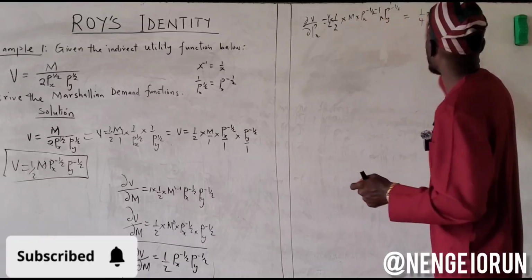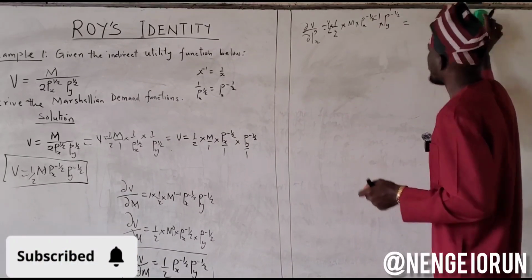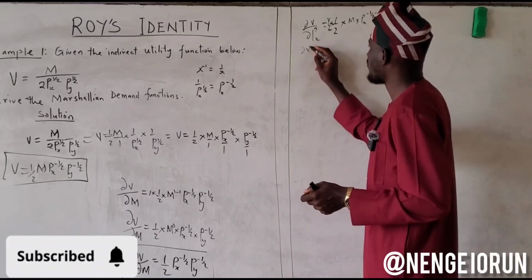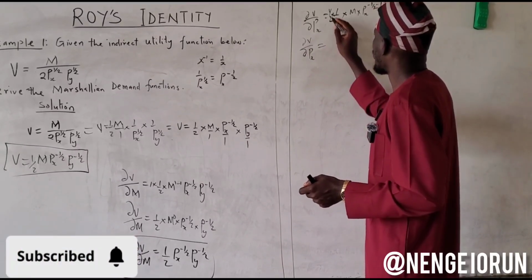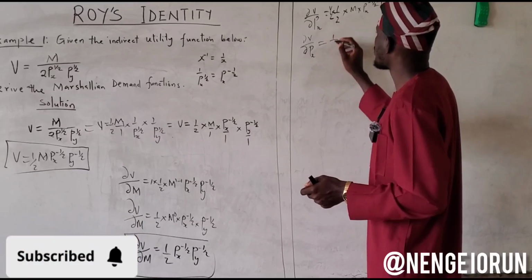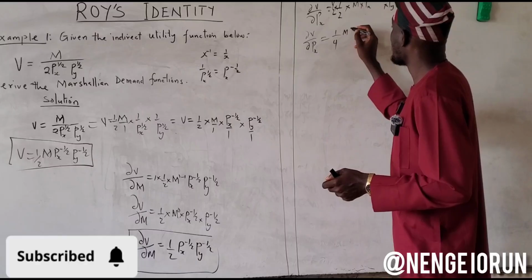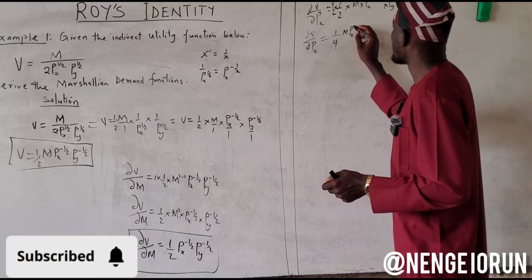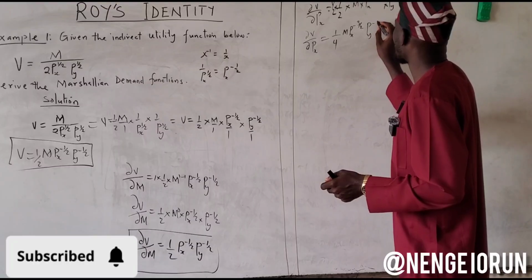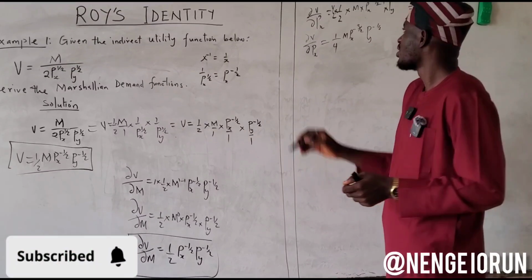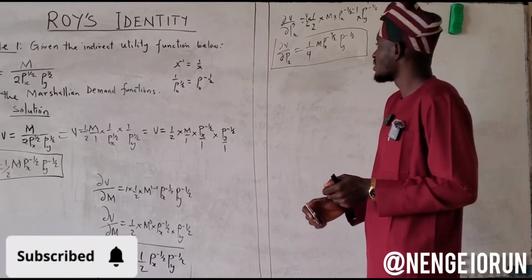Negative half minus 1 is negative 3 over 2. We have the partial derivative of V with respect to Px equal to 1 over 4 times M Px raised to the power of negative 3 over 2, Py raised to the power of negative half. So this is the partial derivative of V with respect to Px.